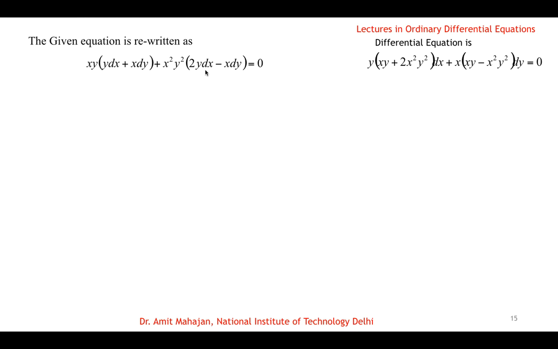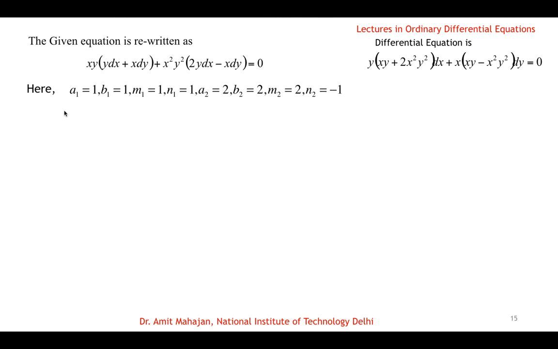So you can see that it is of that form, x power a1 y power b1 (m1 y dx plus n1 x dy). So we can write what our a1, b1, m1, n1, a2, b2 etc. are. This power is 1, this power is 1, coefficients are 1 and 1, so these are all 1. a2, b2 are 2, 2, and m2 is 2, n2 is minus 1.